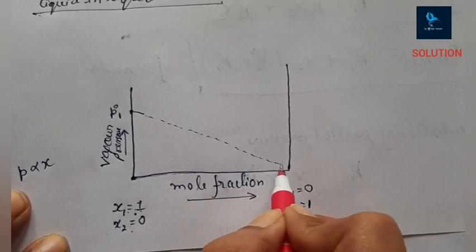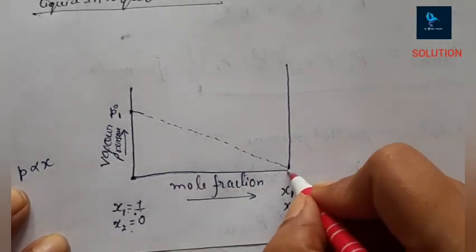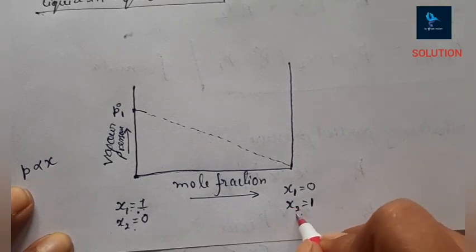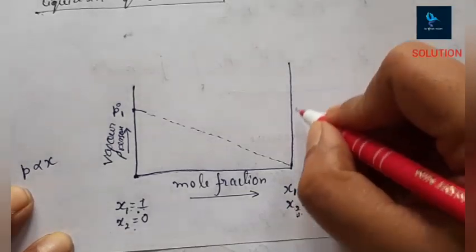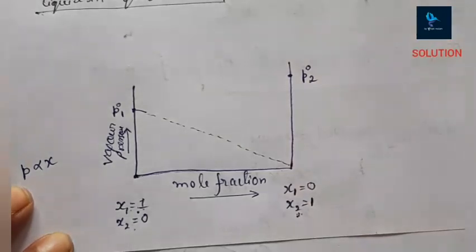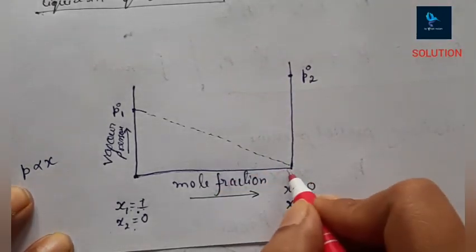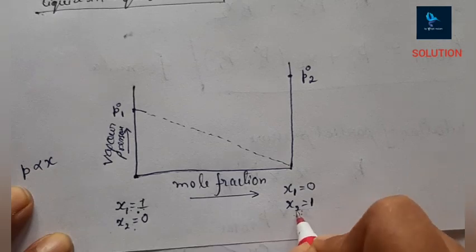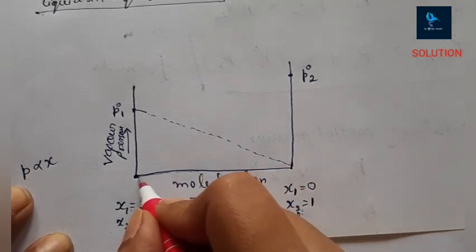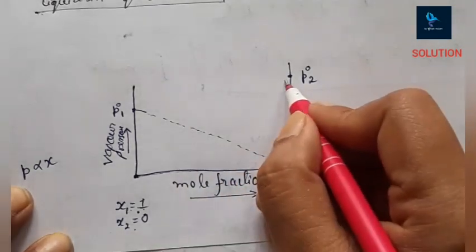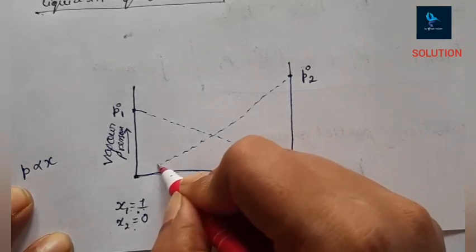You can see here the mole fraction of the second component is more, so it forms more vapor pressure, denoted as P0 2. As we move to the left-hand side, the value decreases, so the vapor pressure decreases.